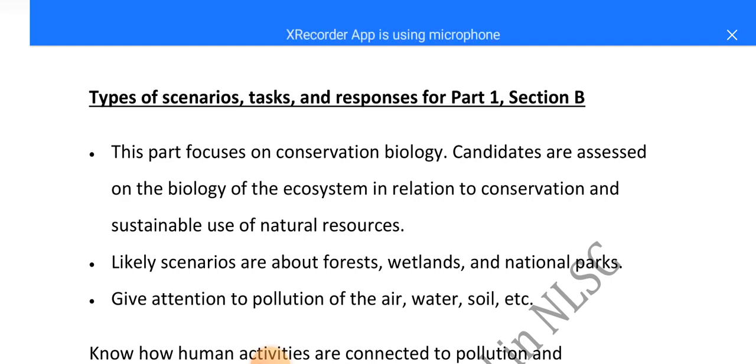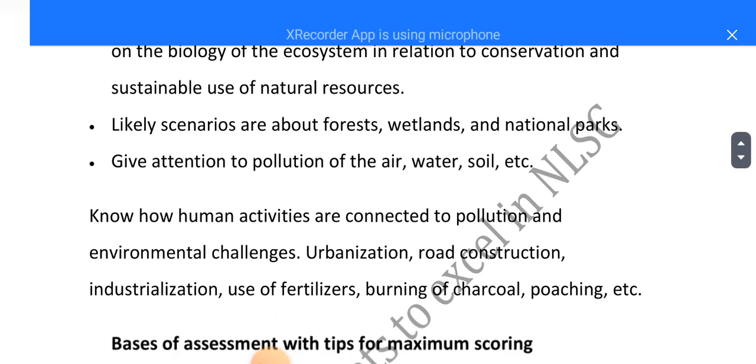The likely scenarios in this section are about forests, wetlands, national parks. So you should also give attention to pollution of the air, water and the soil. Then you should also know how human activities are connected to pollution and the environmental challenges, which are due to urbanization, road construction, industrialization, use of fertilizers, burning of charcoal, poaching and many others.